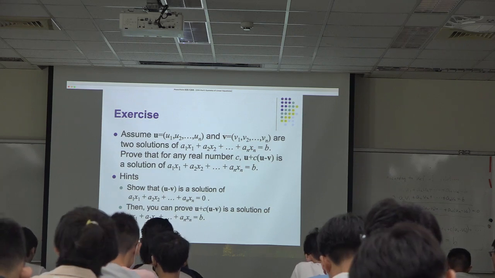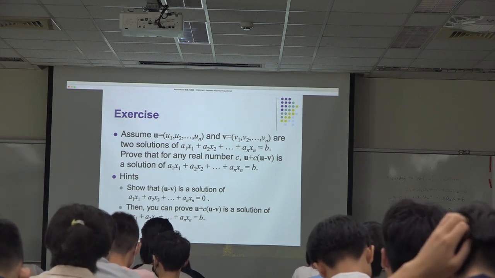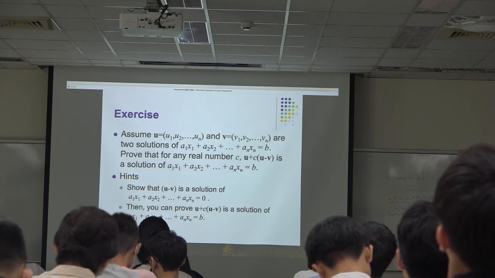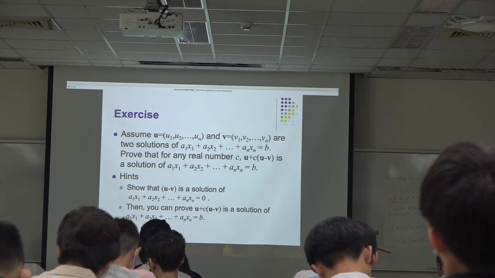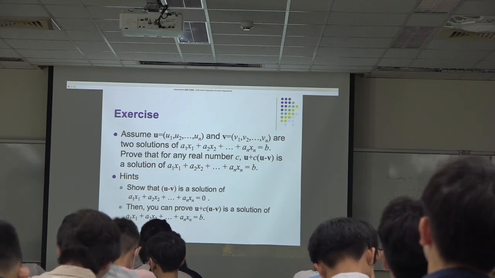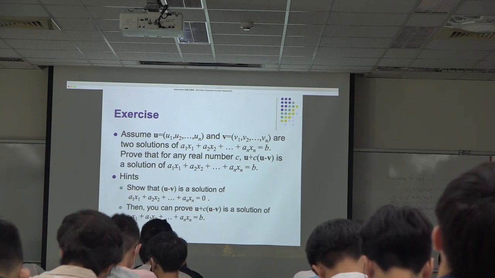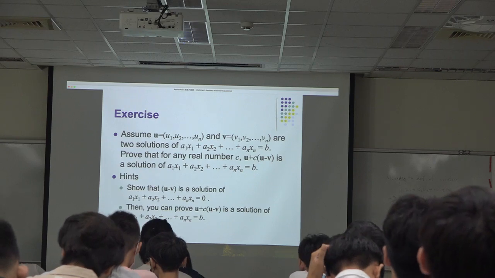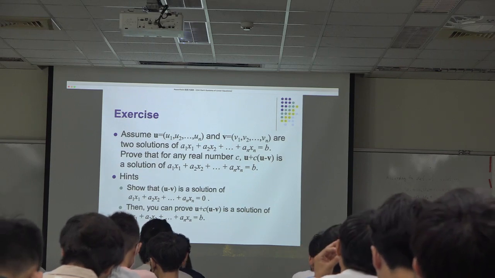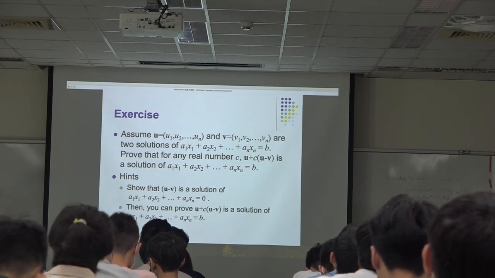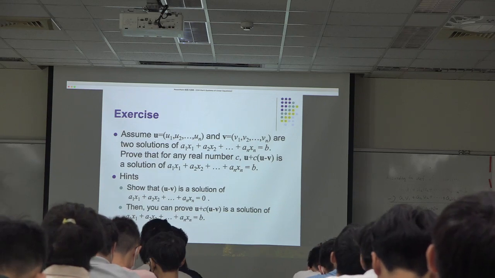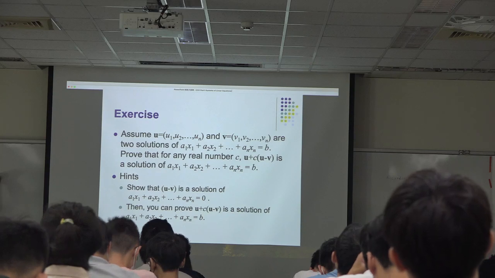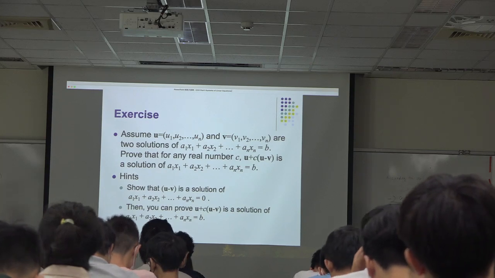Well, let's get the C out of everything: A2 U2 minus V2 plus and so on plus AN UN minus VN, right?